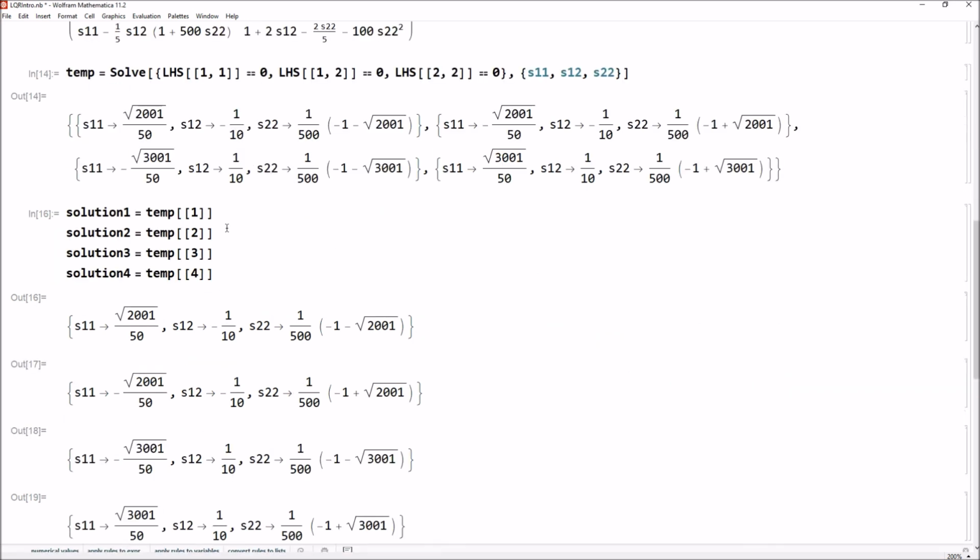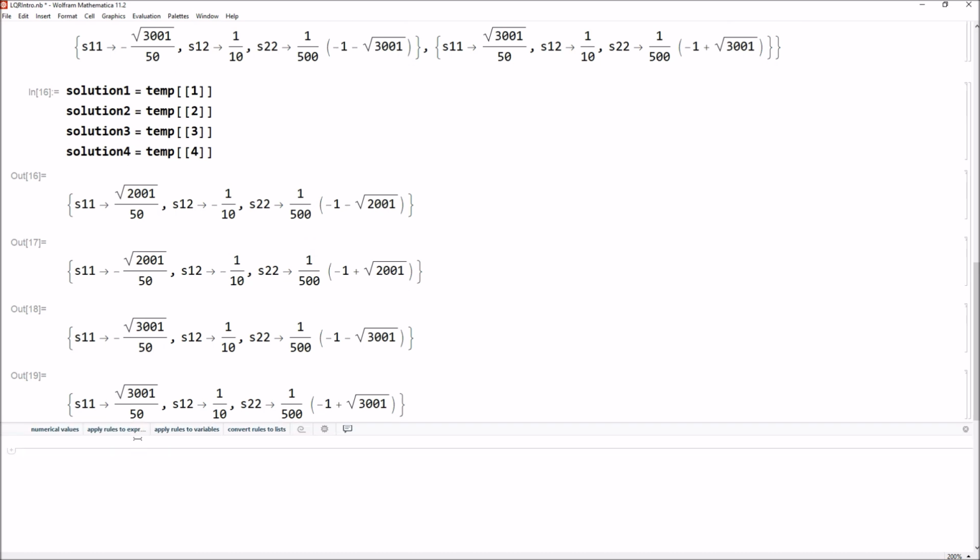Okay, so here are our 4 solutions, and what I want to do now is make the 4 matrices. So S1 is going to get S, but I want to make all of these appropriate substitutions. So I'll say slash dot with solution 1.